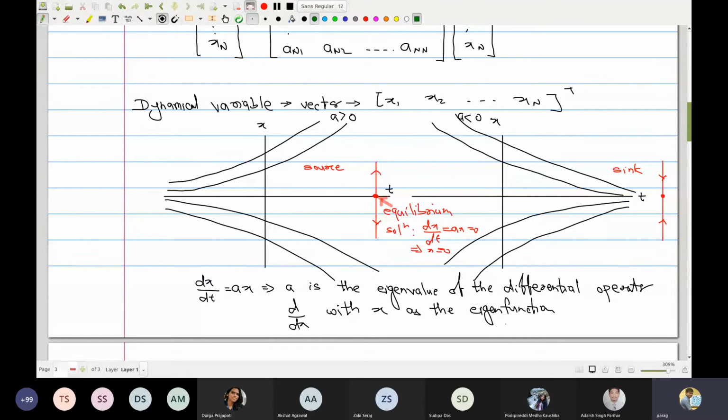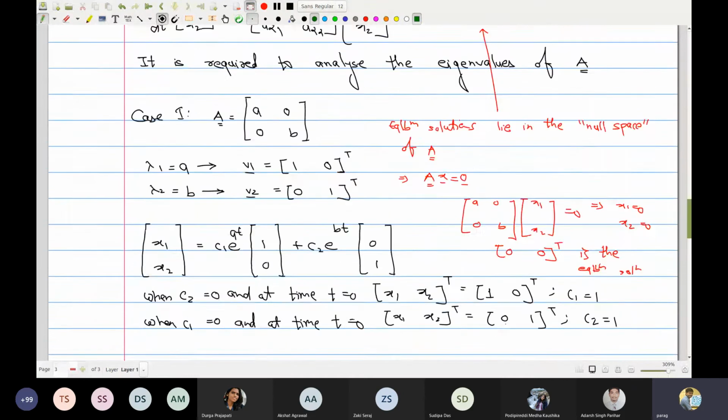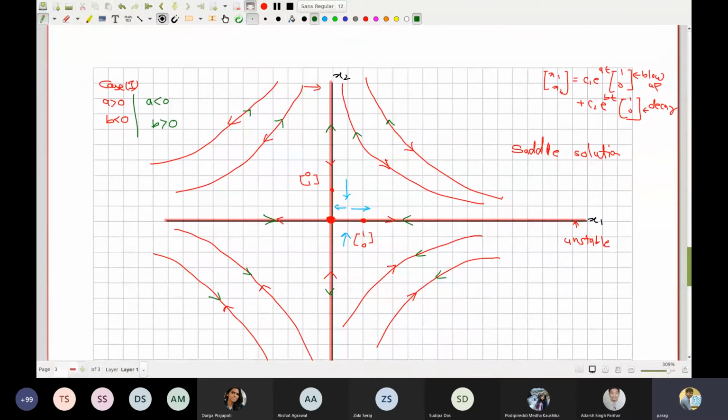So you get an asymptote at t tends to infinity with the x-axis as the solution, and for t tends to minus infinity, you start from there and your system monotonically blows up to infinity. This is what happened in first order systems. Exactly the same case happens here also when your eigenvalues are either positive or negative or their combination.